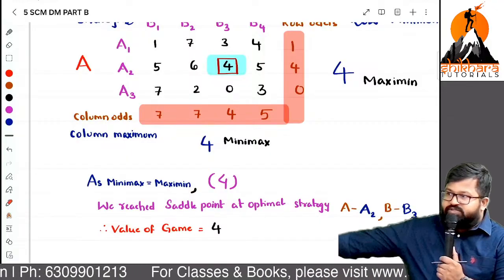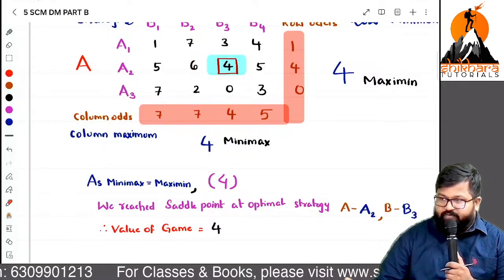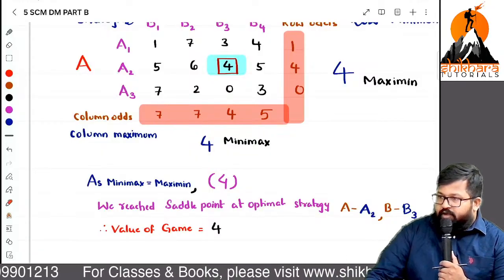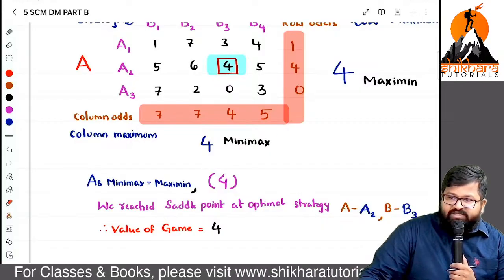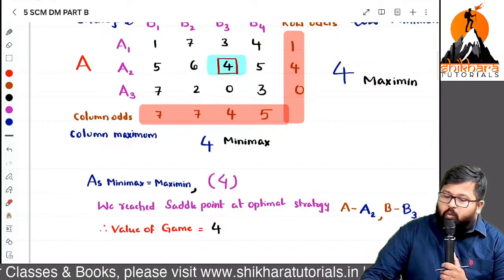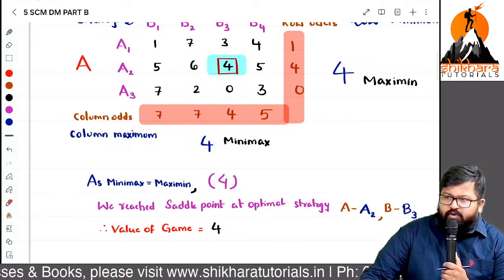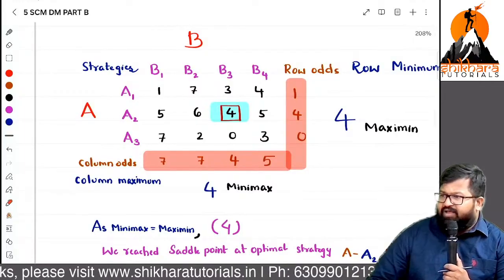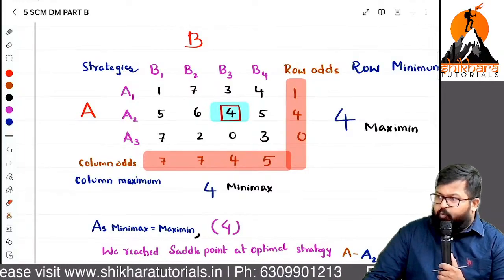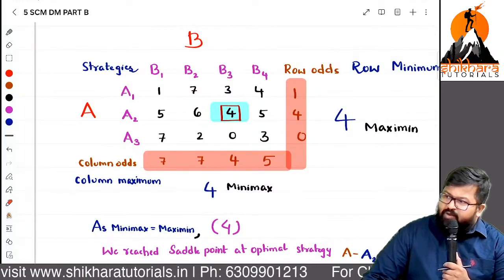You can follow this or whatever I'm saying, both are the same. And the optimum strategy for player A is A2. Why A2? Because the element is in the A2 row. And for player B, what is the optimum strategy?